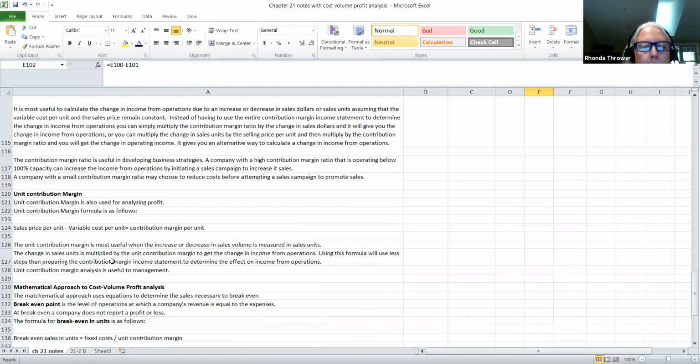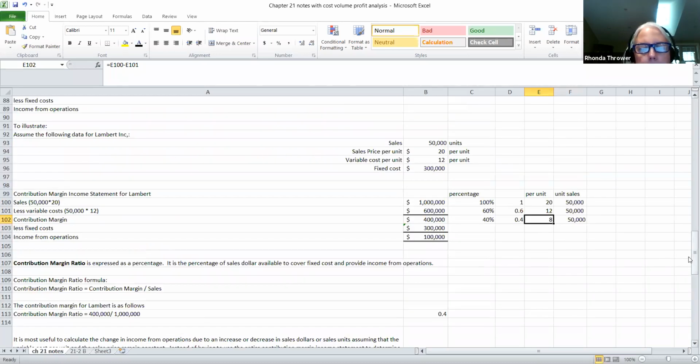The change in sales in units can be multiplied by the unit contribution margin to get the change in operations. So there's a shortcut formula that you can do without having to put everything back through this contribution margin income statement.